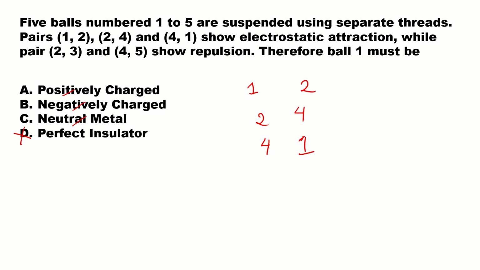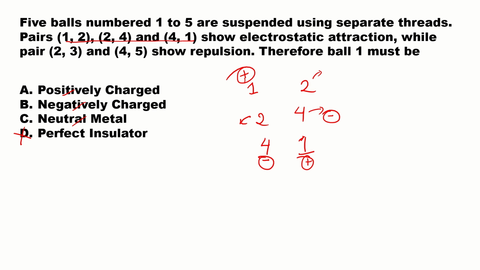Now let's assume that 2 is neutral and 1 has some charge. Let's say 1 has a positive charge, 2 is neutral, so over here 4 must be positive or negative, but from here we get 1 is positive, so 4 must be negative, in which case this would hold true.